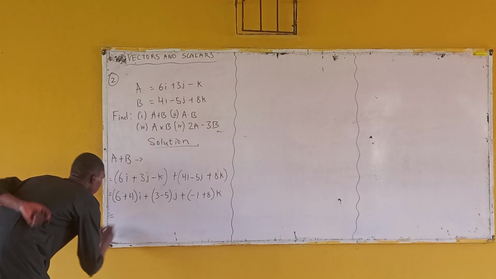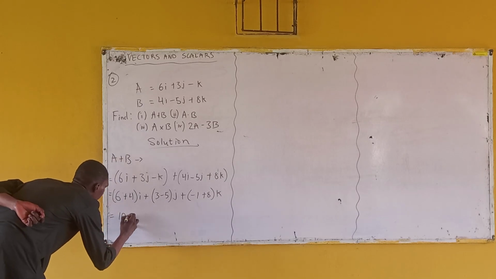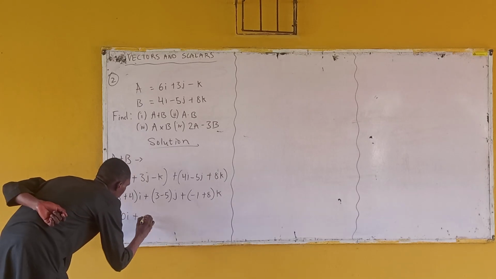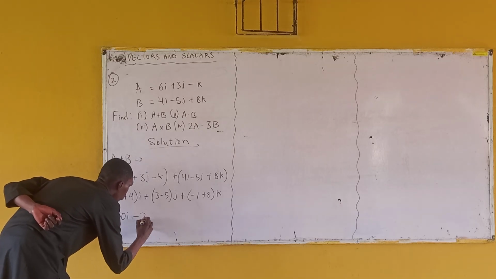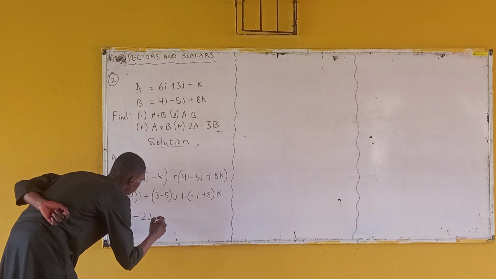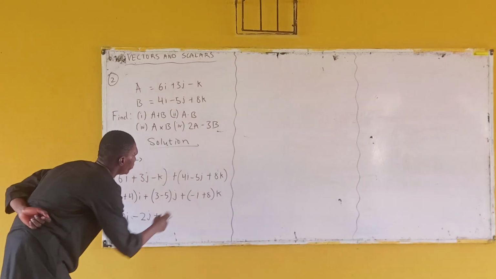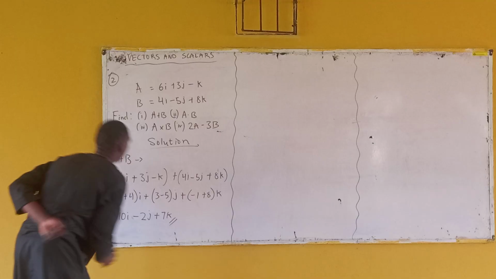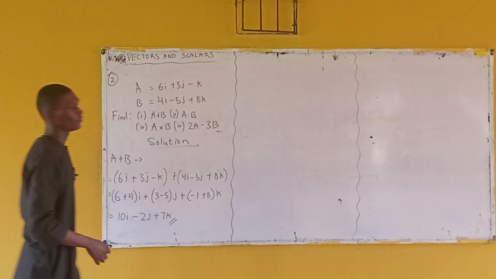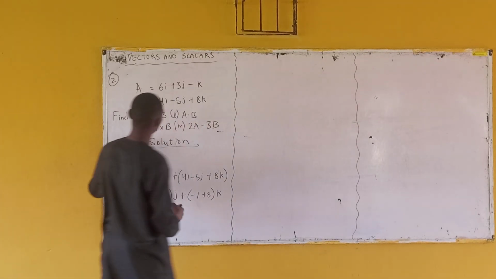So what do you have? 10i minus 2j plus 7k. And that's the answer for A plus B.